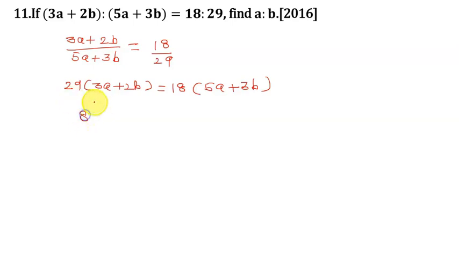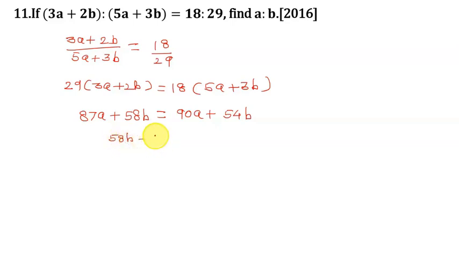Then you will get 29 into 3, that is 87a, plus 58b, and that is equal to 18 into 5a, that is 90a, plus 18 into 3b, that is 54b.